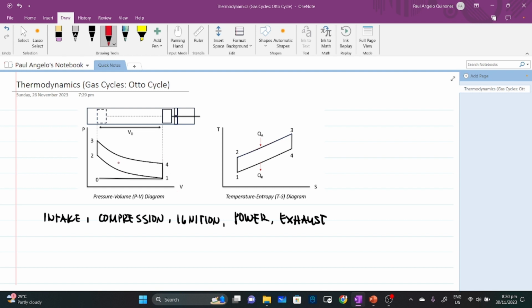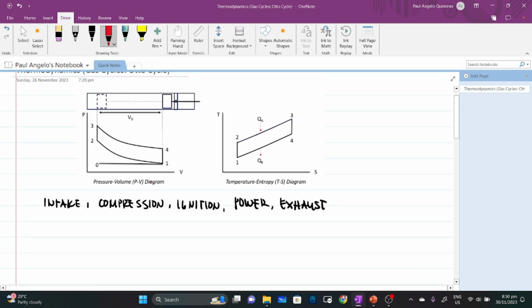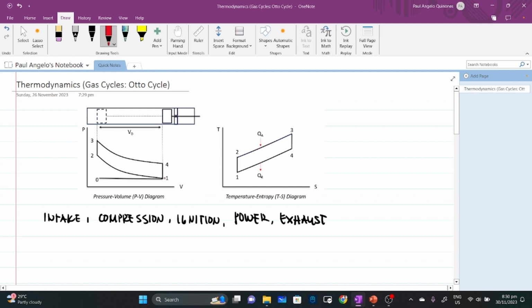Let's assess first point 1 to 2 in the PV diagram. As you can see, it is not a straight line in the PV diagram. Therefore, you look at your TS diagram, or temperature-entropy diagram. As you can see, it is represented by a straight vertical line.